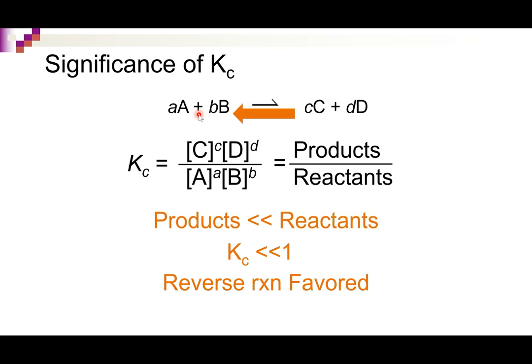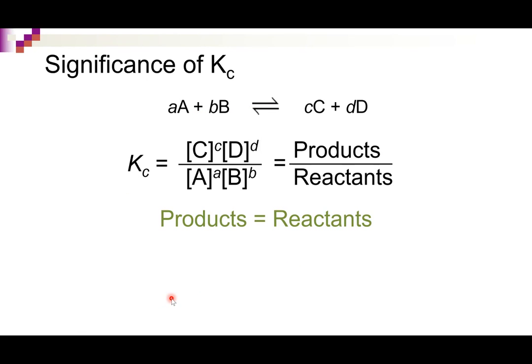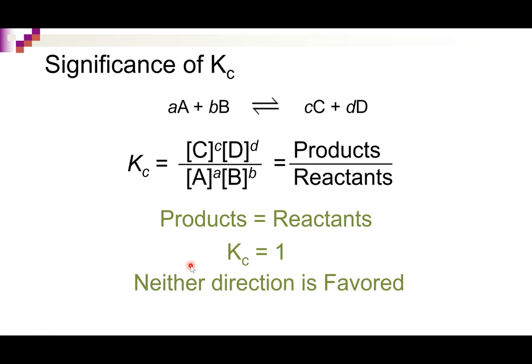So we've looked at Kc's bigger than 1. We've looked at Kc's smaller than 1. There's one more scenario we need to talk about, and that's when Kc equals 1. So if we look at the concentration of reactants and the concentration of products, and they're basically the same, so the products would equal the reactants, Kc would be basically 1, and neither direction is favored.